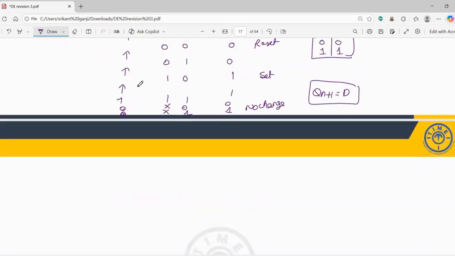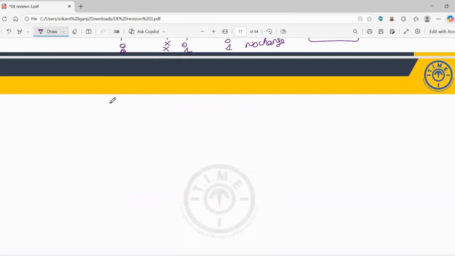In order to remove this indeterminate form, we are going for the JK flip flop. Okay, the uncertainty in the state of an SR flip flop. Clocked JK flip flop.